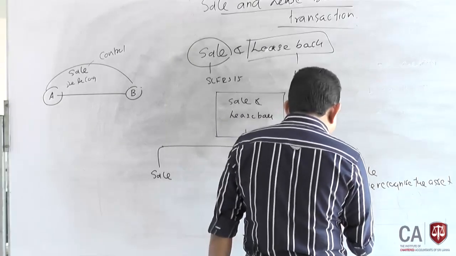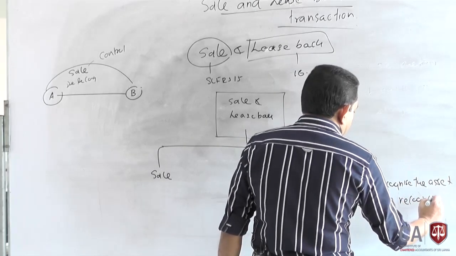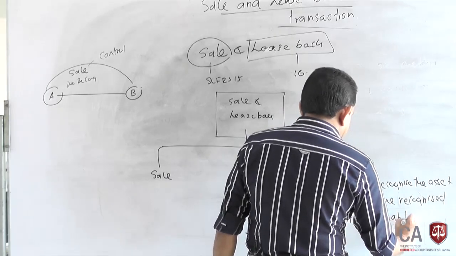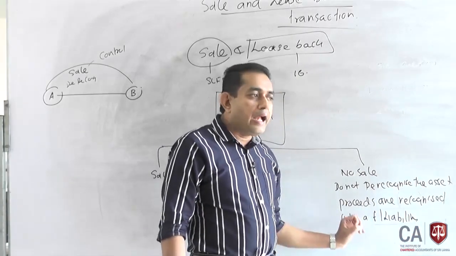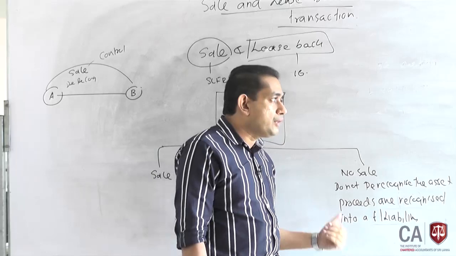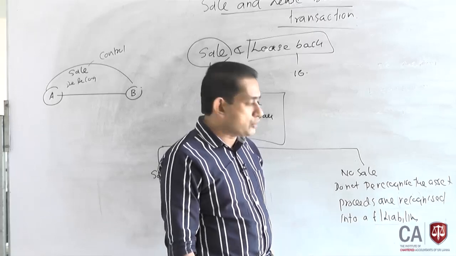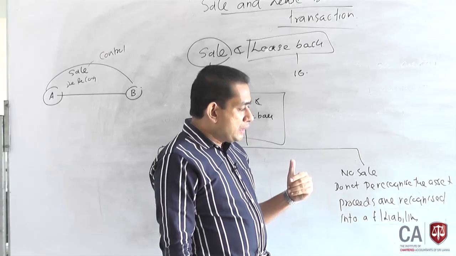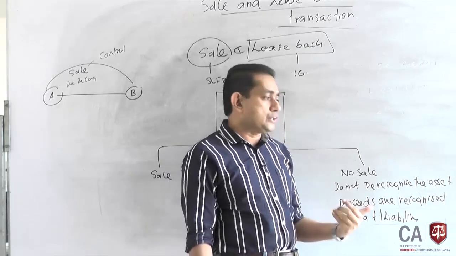Simply, proceeds are recognized into a financial liability, and this is recognized under SLFRS 9 as other financial liabilities, where the initial measurement is fair value, subsequent measurement should be amortized cost. That is as far as the transaction where a sale has not taken place is concerned.